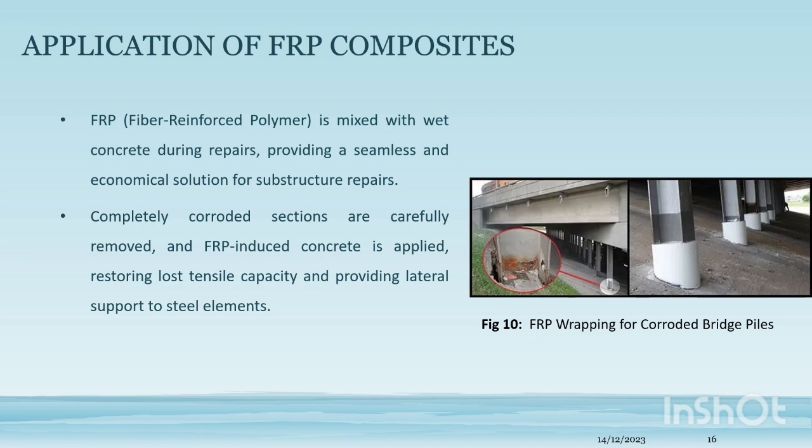Application of FRP composites. FRP is mixed with wet concrete during repairs, providing a seamless and economical solution for substructure repairs. Completely corroded sections are carefully removed and FRP-induced concrete is applied, restoring lost tensile capacity and providing lateral support to steel elements.